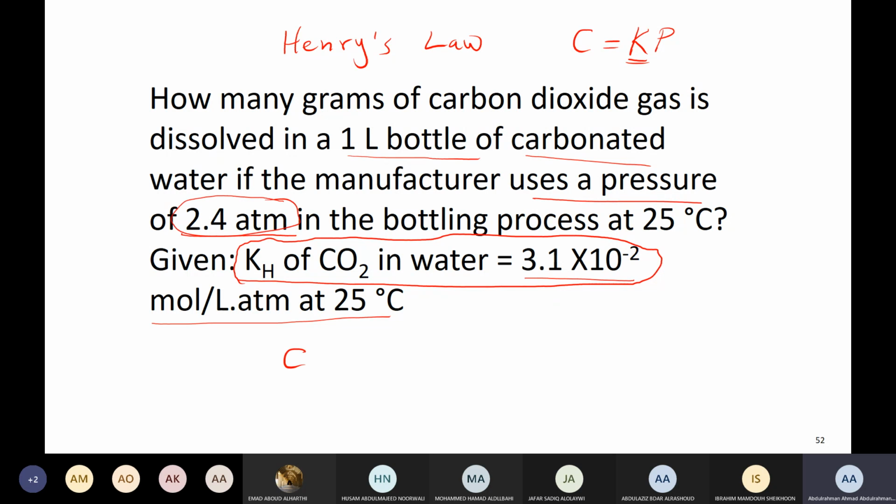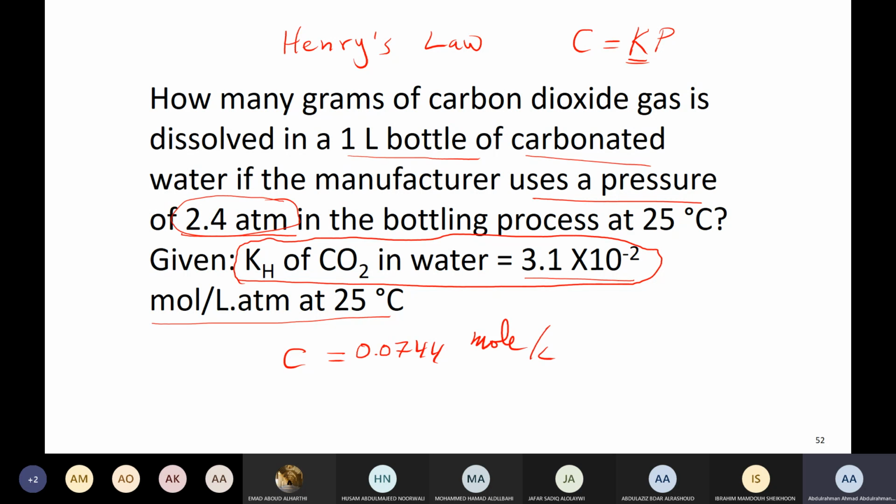So can you calculate C? Very simple. Multiply K by the pressure. The answer is 0.0744 mole per liter.